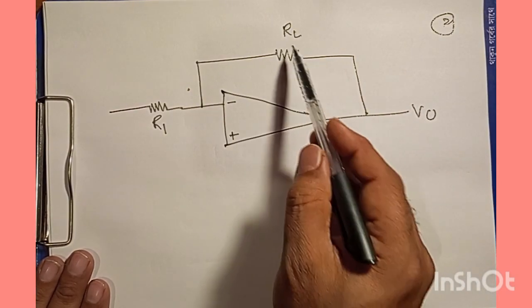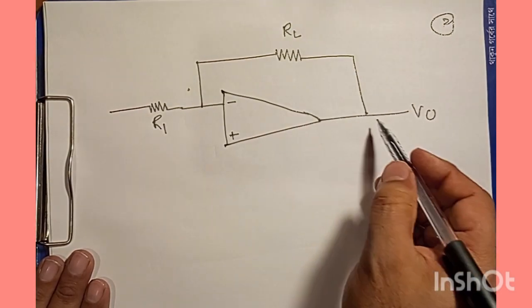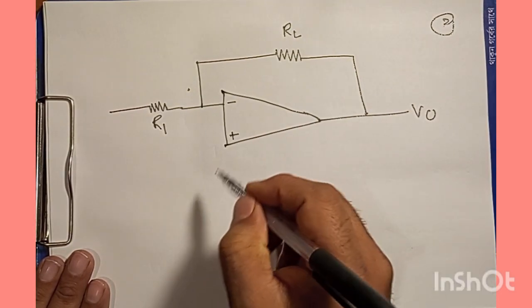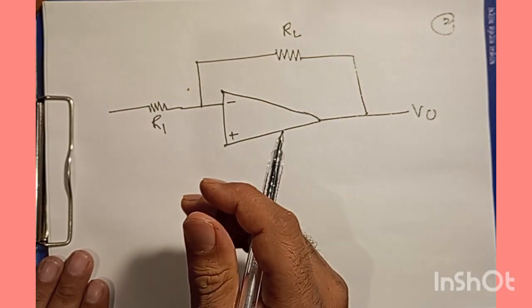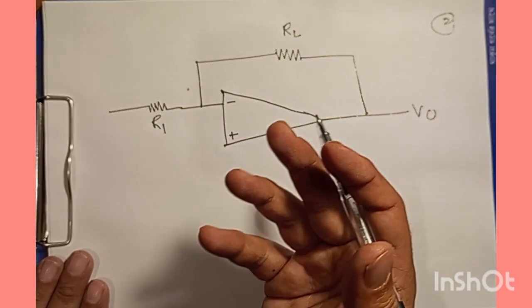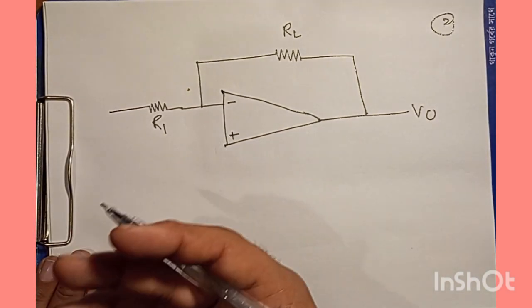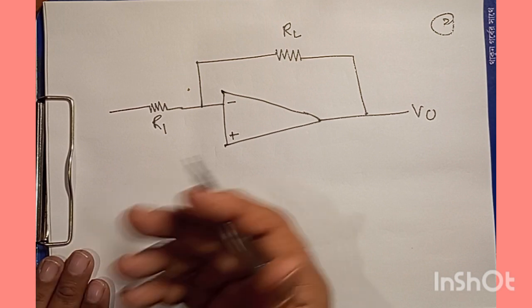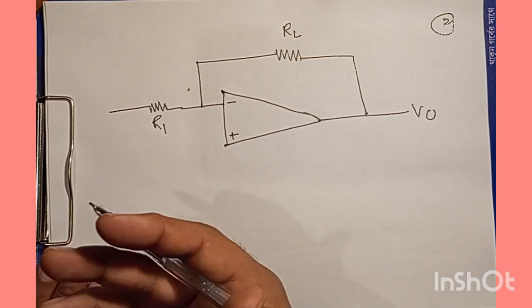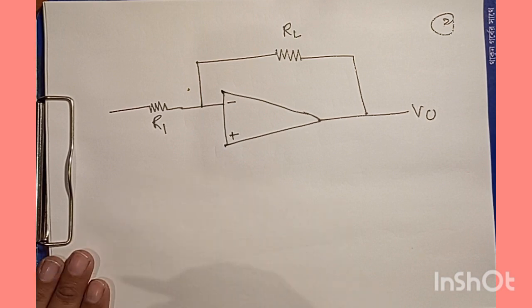Since this load resistance is not connected to any kind of ground, this is why we call this technique the floating technique. So using floating technique, we would try to evaluate the expression so that we realize that the output is in the form of current when we are subjecting voltage to the given circuit.